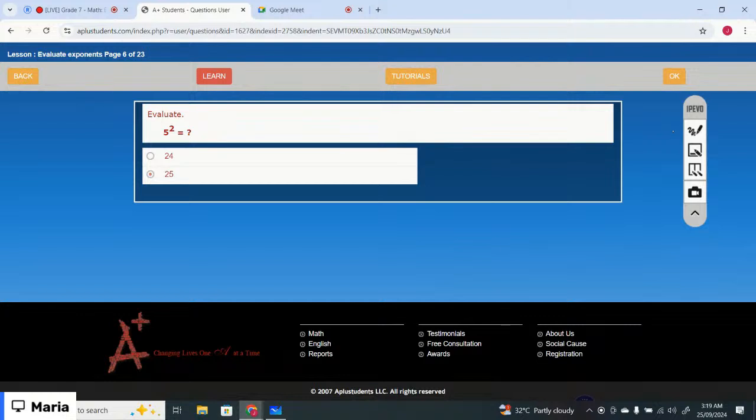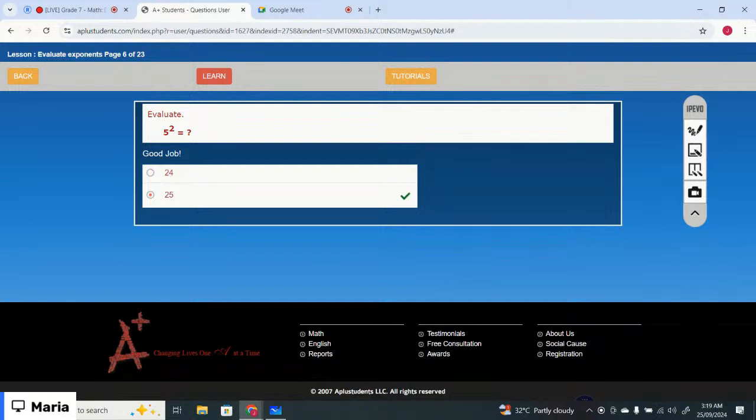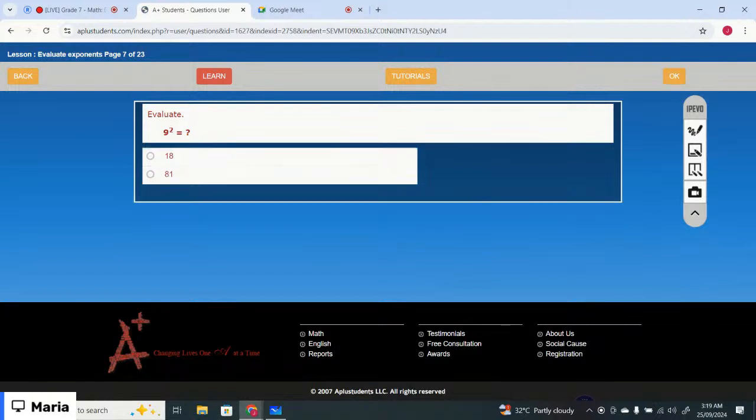Option number 2 is the correct option. Nine square, evaluate, which is the correct option?